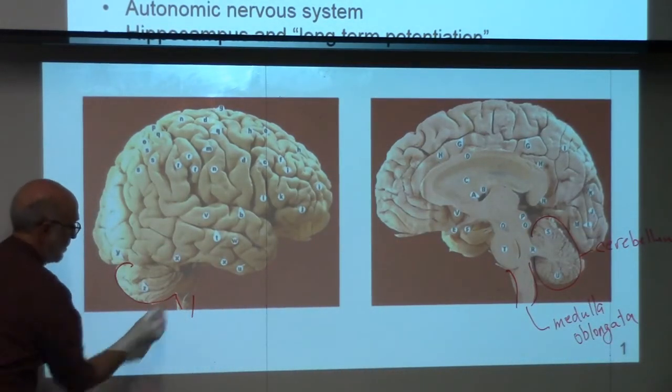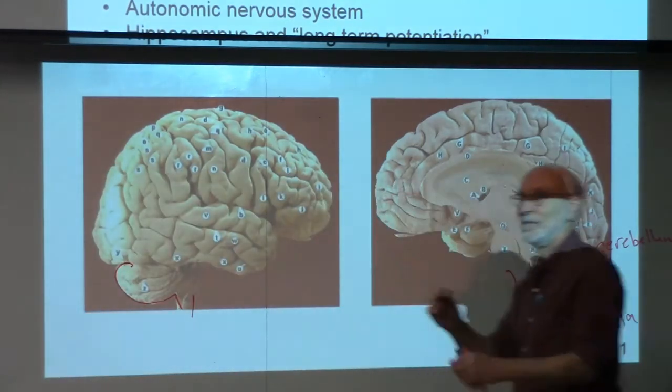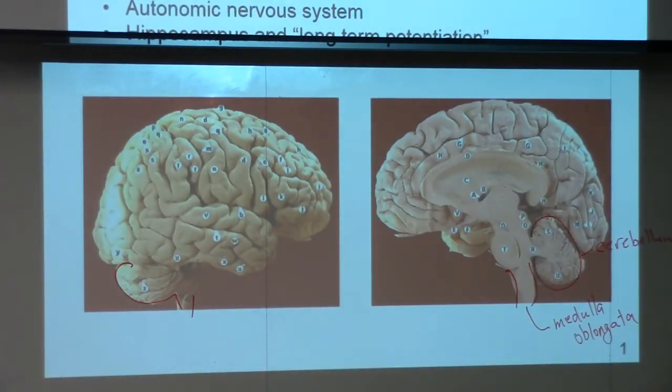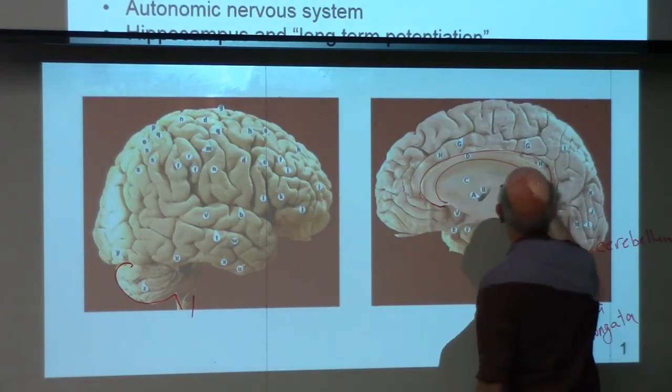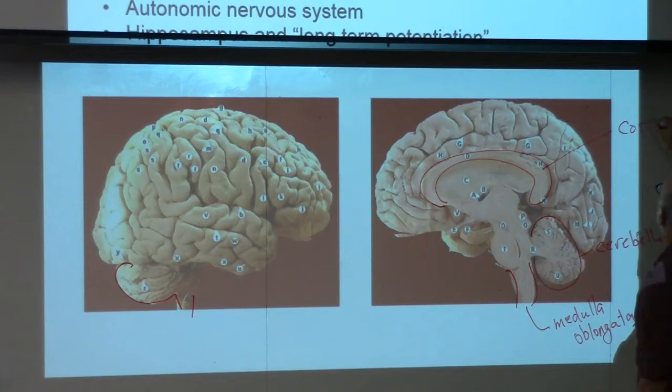This is the cerebellum. Those are taken. Corpus callosum. Bundles of white matter, myelinated axons connecting the two hemispheres. Very important.